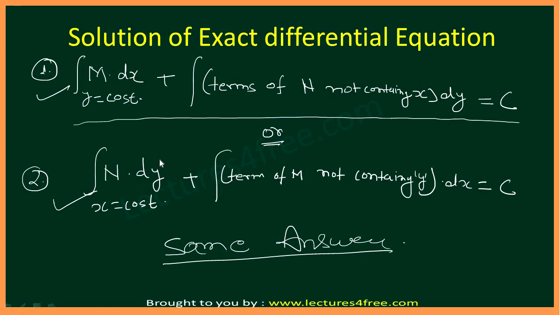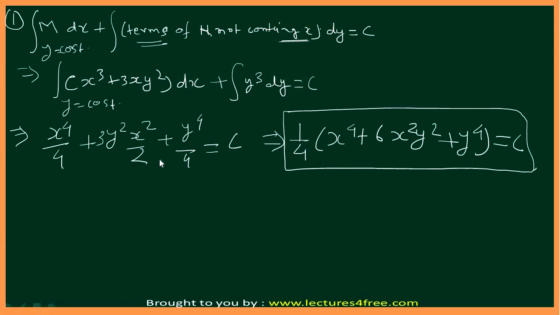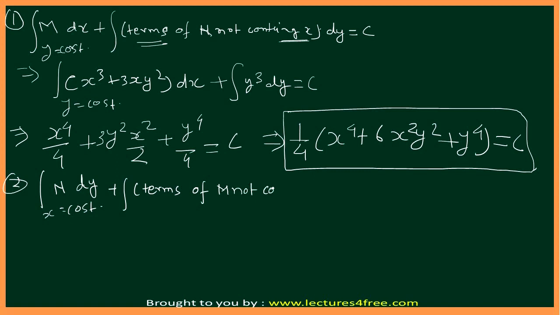The second formula is the integration of N dy, keeping x constant, plus the integration of the terms of M not containing y, dx, is equal to c.